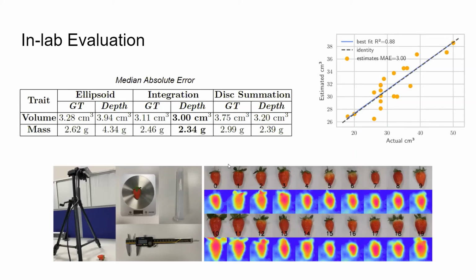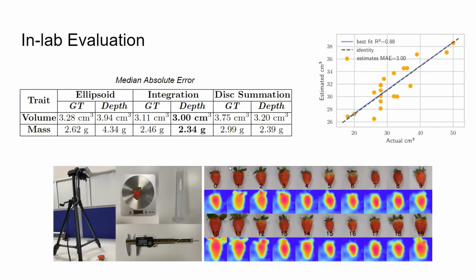So one could ask, okay, you look at these quite basic geometric methods. Why don't you train a network? This is ongoing work. The problem is that if you want to design a network for volume estimation or regression, you have to put a lot of effort into annotation.